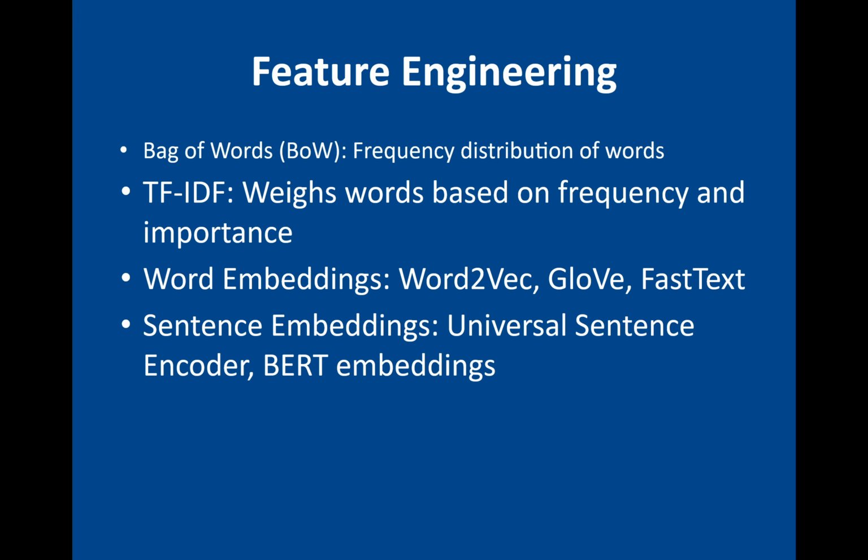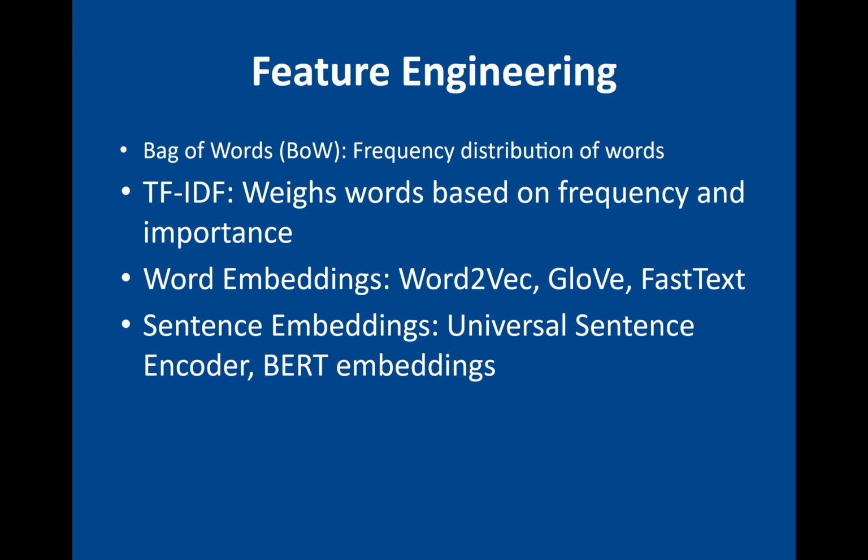Then there is term frequency inverse document frequency, TF-IDF. It weighs words based on their frequency in a document relative to their frequency across all documents. Then word embeddings, Word2Vec. It captures semantic relationships between words.